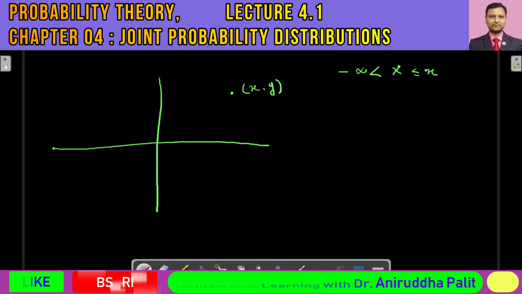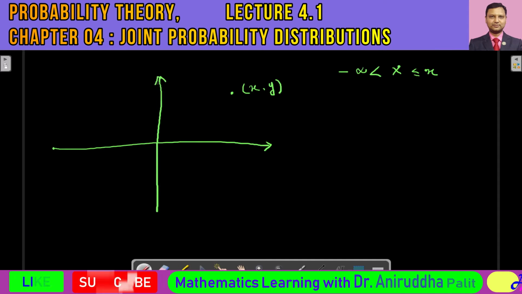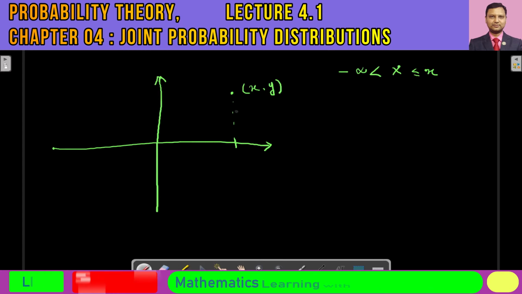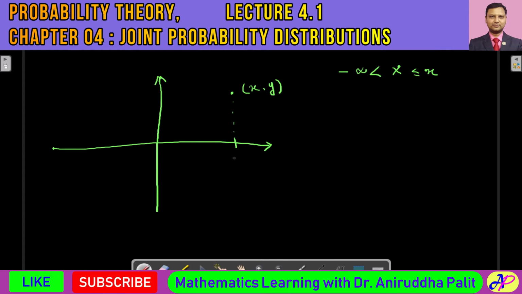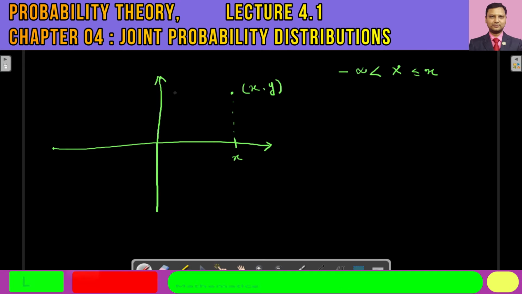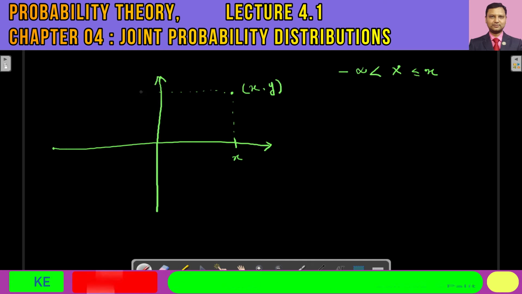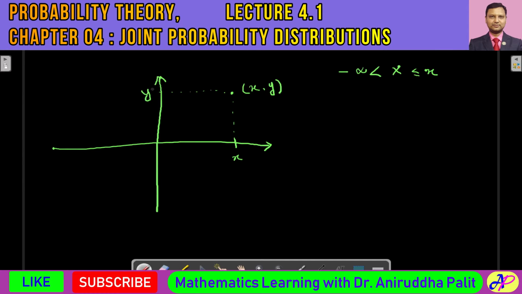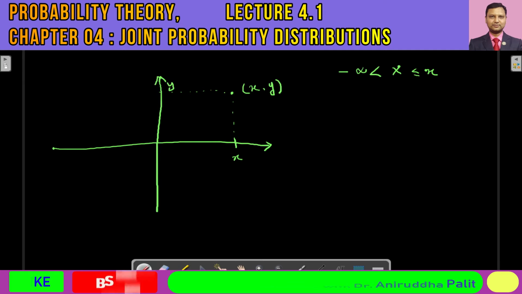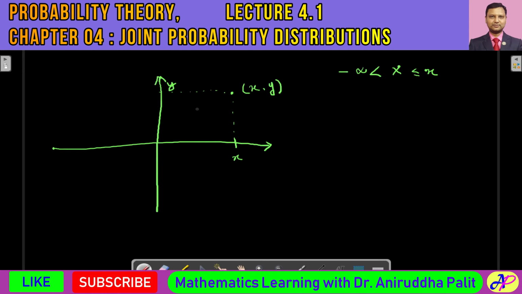It means, say this is our x-axis and this is our positive y-axis. And over here, this much distance, if we just draw this much, this would be our small x, and this would be the position of small y.